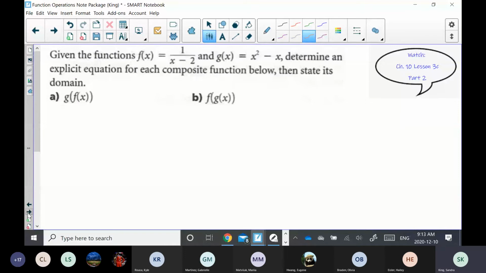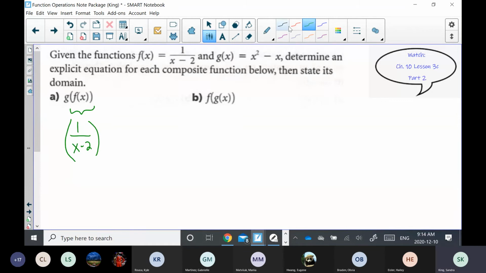Okay, given the functions here, so they've given us 2 functions, f of x and g of x, determine an explicit equation for each composite function, then state its domain. So for now, let's just worry about determining the composite functions. The inner function here is f of x, 1 over x minus 2.